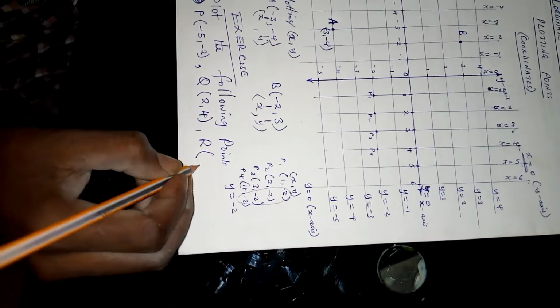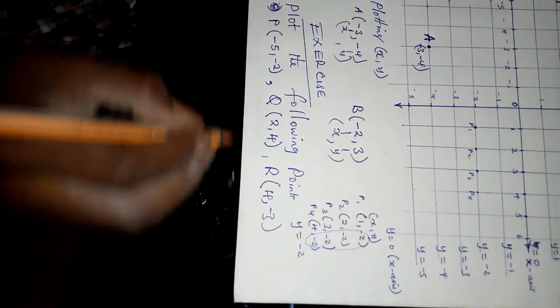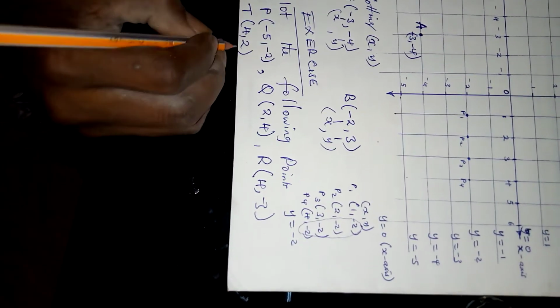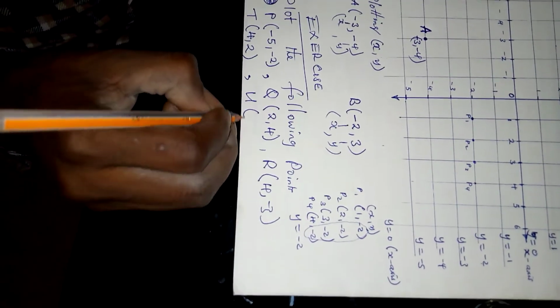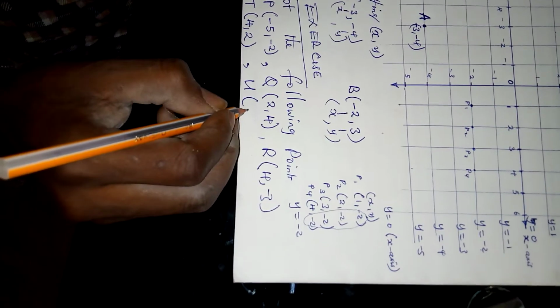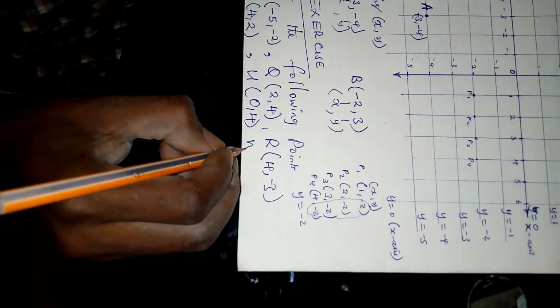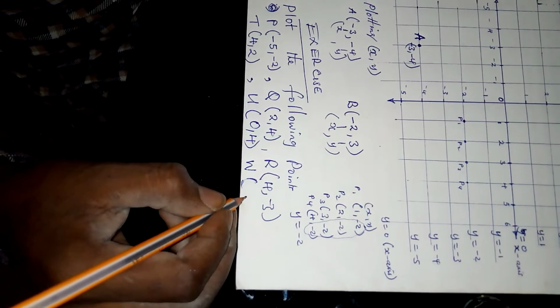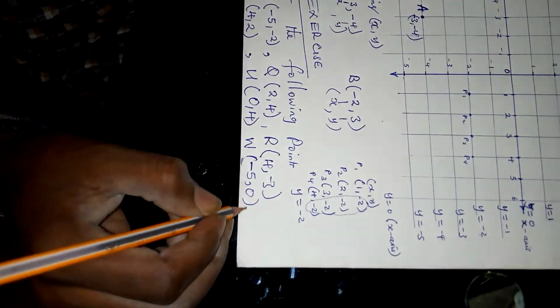Plot point R, which will be at (4, -3). Plot point T, which will be at (4, 2). Plot point U, which will be at (0, 4), and plot point W, which will be at (-5, 0). Can you please do this exercise?